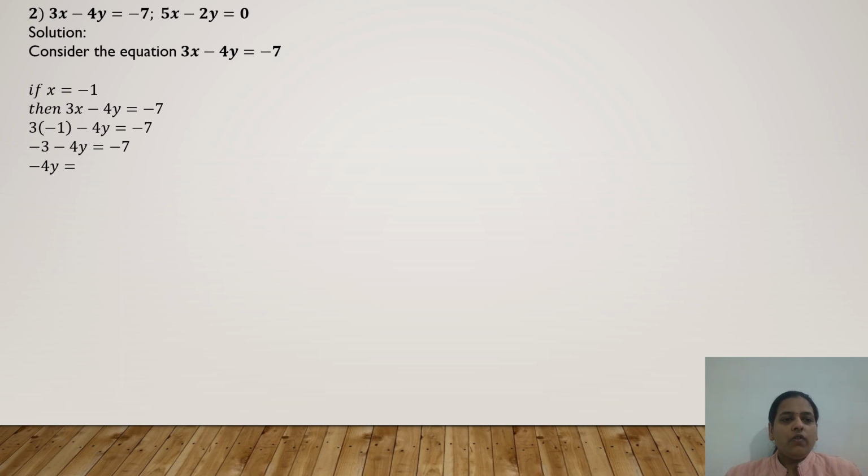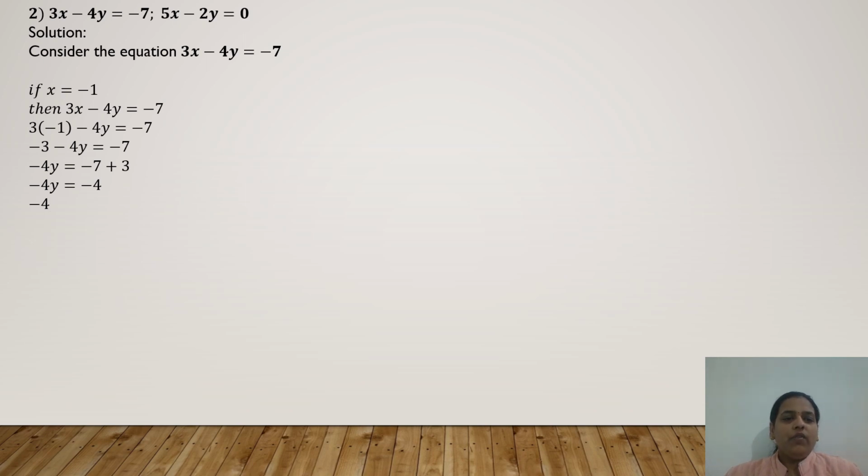Next, minus 4y is equal to minus 7 plus 3. When we calculate minus 7 plus 3, subtraction is done and we assign the sign of the biggest number. Subtracting 3 from 7 we get 4, and the sign of the biggest number is minus, so minus 4 is obtained.